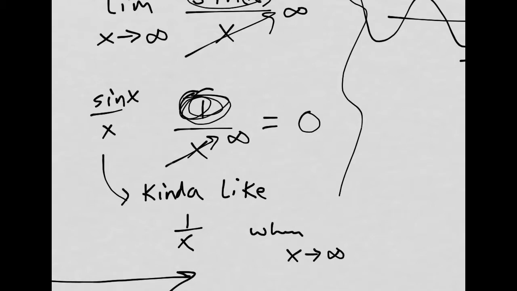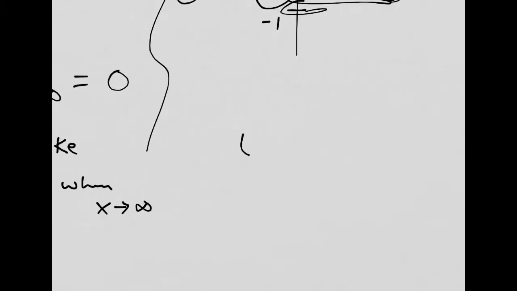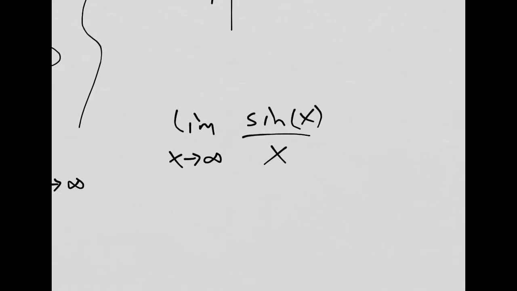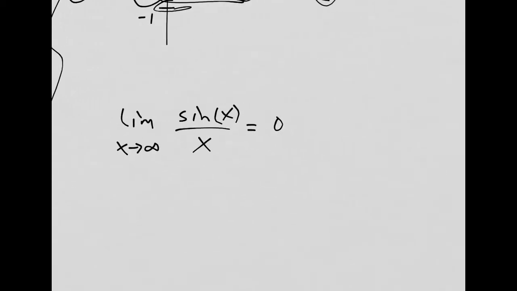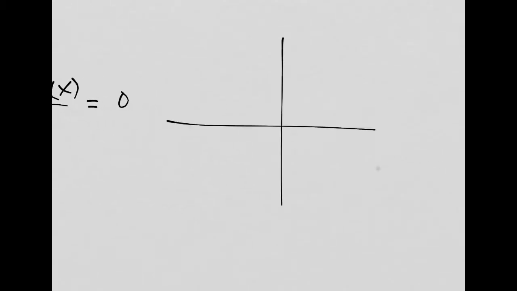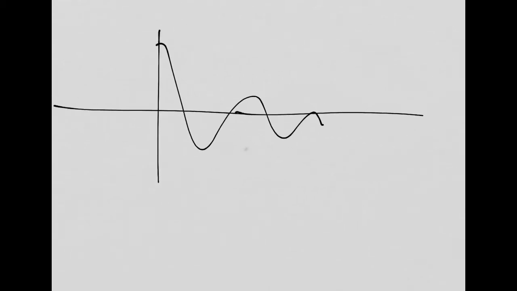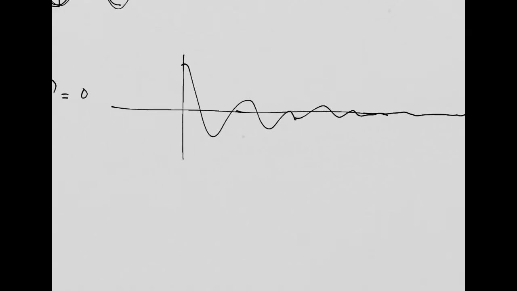So the limit as x approaches infinity of sine of x over x approaches 0. It will go back and forth between positive and negative, oscillating and getting closer and closer to 0.